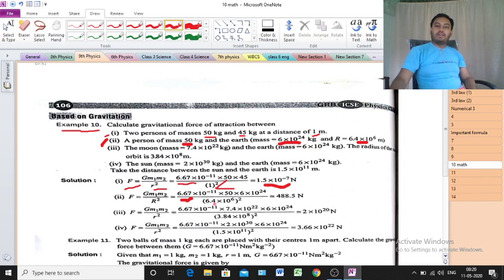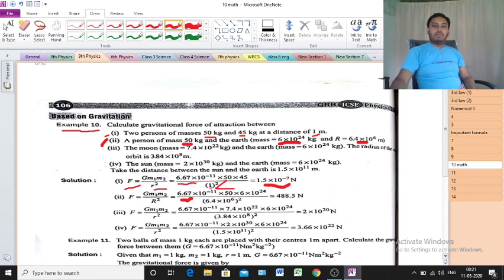Again, r is 6.4 into 10 to the power 6 meter. Now r square, that's why that will be squared. So ultimately 6.67 into 10 to the power minus 11 into 50 into 6 into 10 to the power 24, divided by 6.4 into 10 to the power 6 whole square.